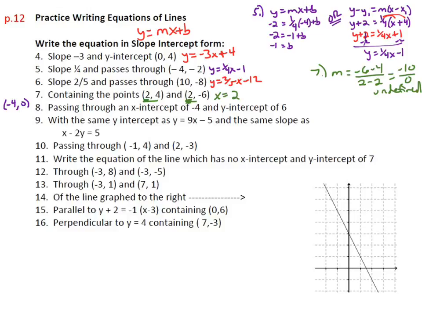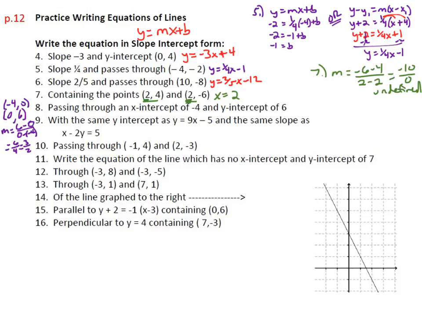And with our y-intercept at 6, we have a point at 0, 6. So I can find my slope by saying 6 minus 0 over 0 minus -4. So we have a slope of 6 over 4, or 3/2.